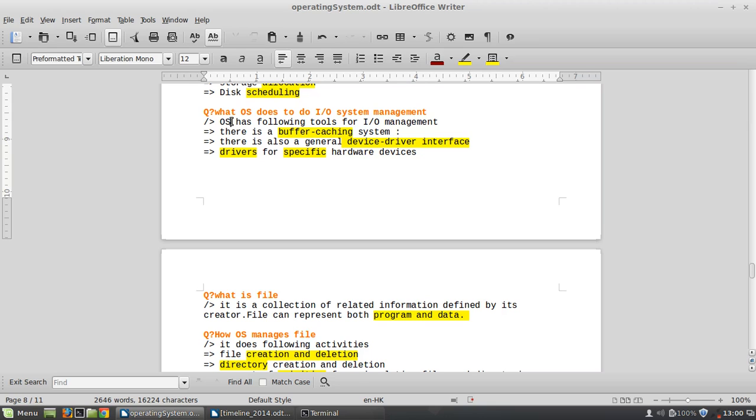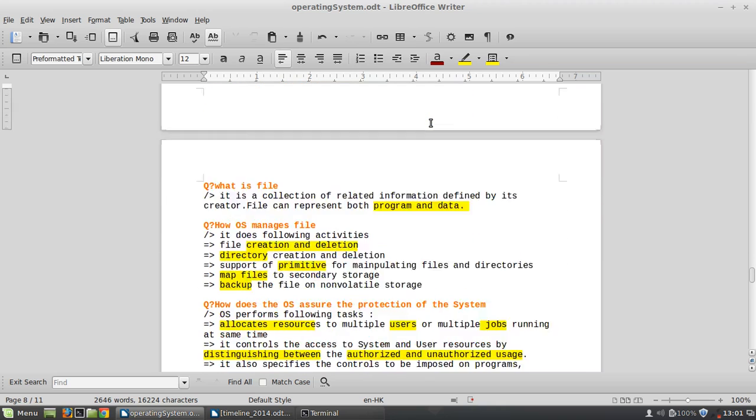I/O is managed by these drivers and the buffer caching system, because, as you already know, each I/O device has its own local buffer, and each I/O device is managed by its device driver. These are the tools that manage the I/O system.